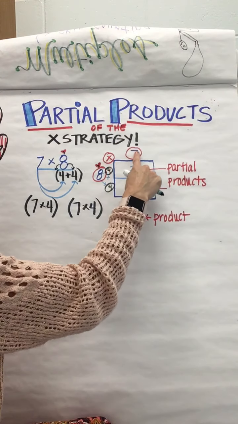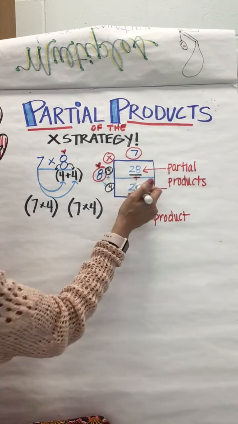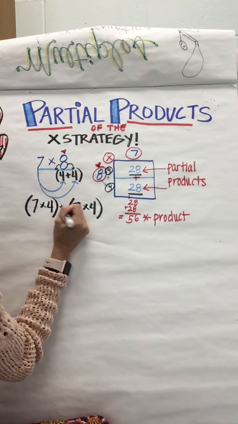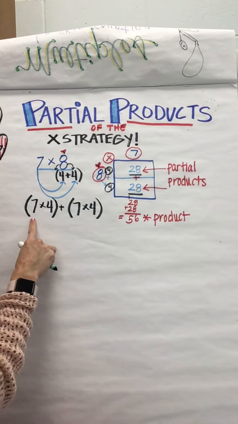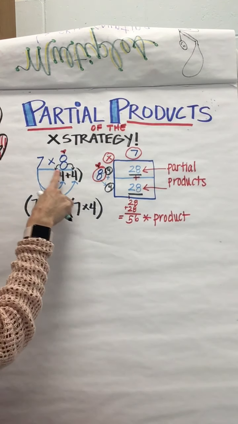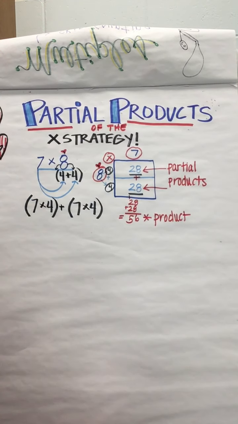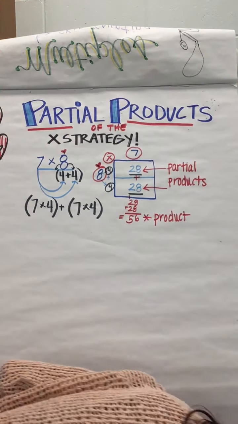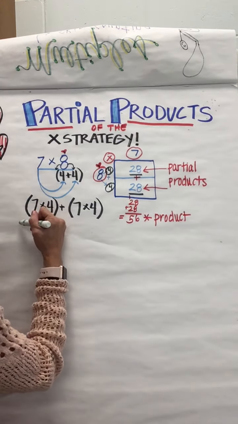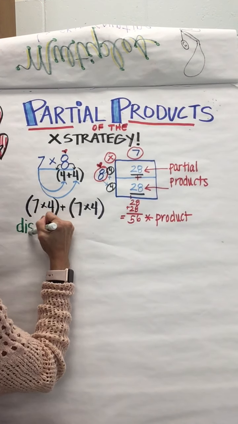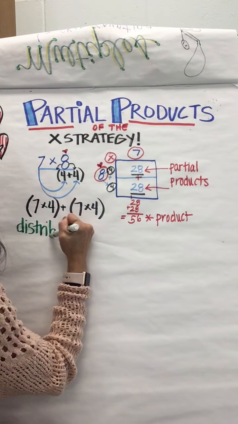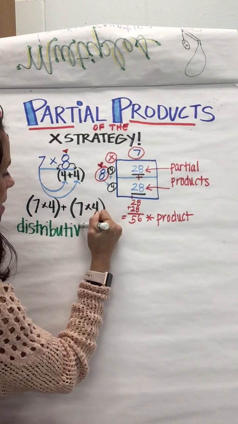When you were done, we added them. And that is an expression that shows this 8 being broken apart. This actually has a fancy name. Everything in math has a fancy name, right? This is called the distributive property.